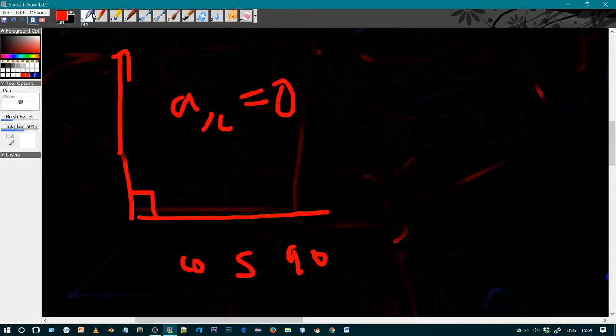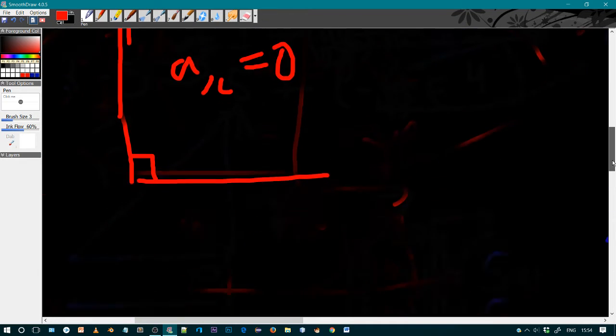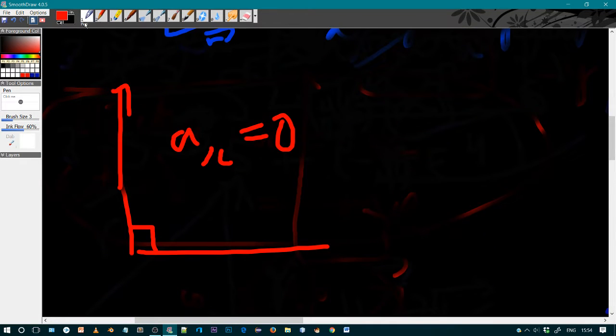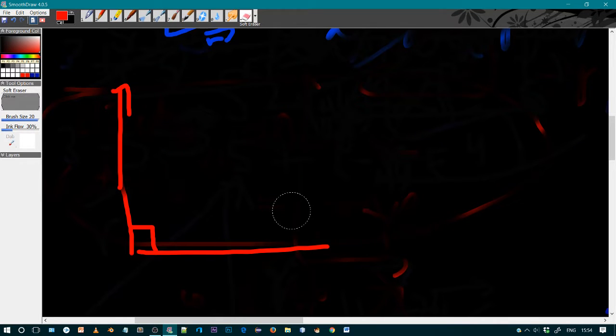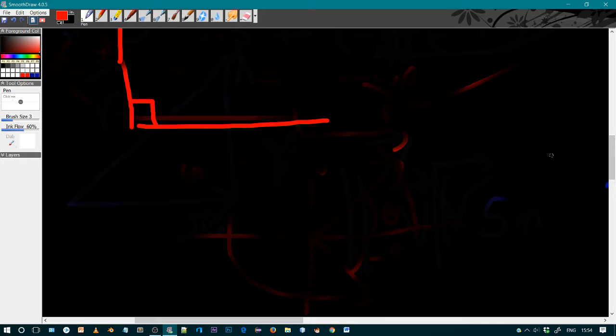Proving it fully would take a lot of time, but actually I think I should prove it. I was looking at my book for something, sorry.